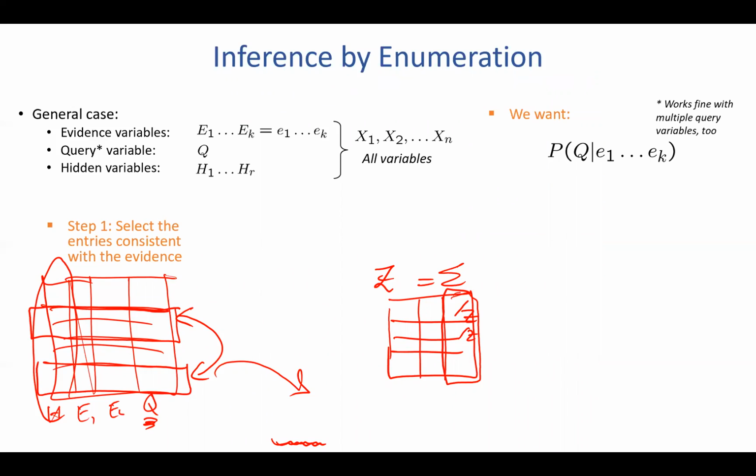There's a general case where there are some evidence variables and there is a query variable. So we want to query about some variable, saying like, what is the probability that the traffic is high given rain? Okay, something like that. All right. So there are some query variables, there are some evidence variables, and then there are some hidden variables too. The reason why hidden variables exist within your query is because of the connections.